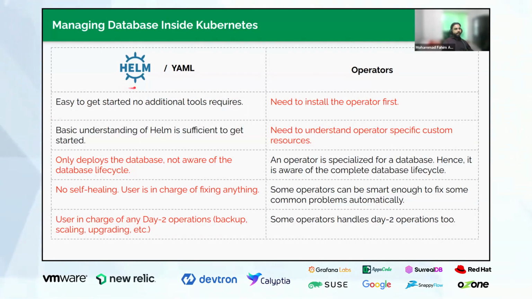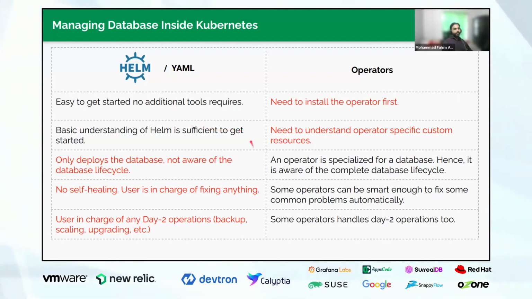When you are running databases with Helm, it's pretty easy. There are no additional tools required because you are just doing a Helm install command. It deploys the database nice and easy. You don't need anything else, and there is nothing to understand here. You just install with the Helm command, then your database is up and running.